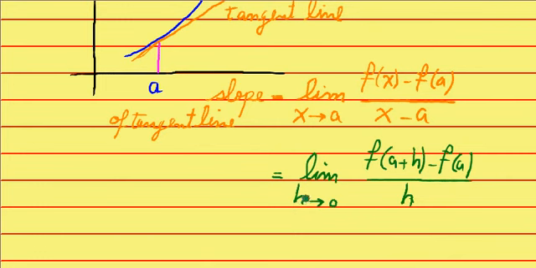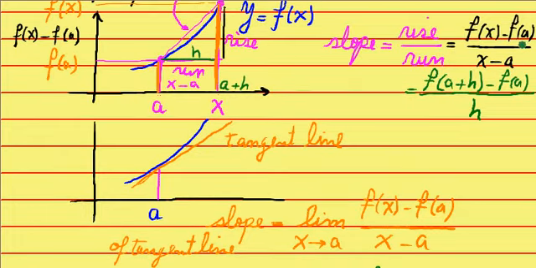There is still a third notation that many people use, and that instead of calling it h, sometimes people call it delta x. Okay, so sometimes instead of using that, people use delta x, and for the rise they call it delta y. So that's the third notation. While we are here, we might as well mention that as well.